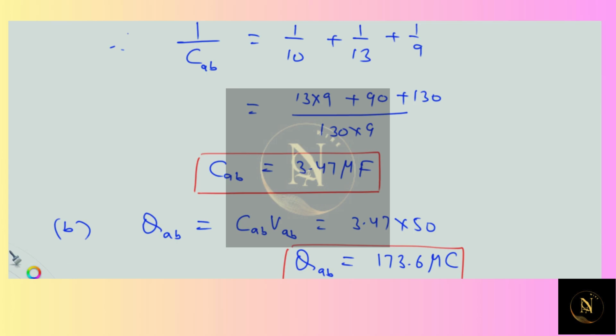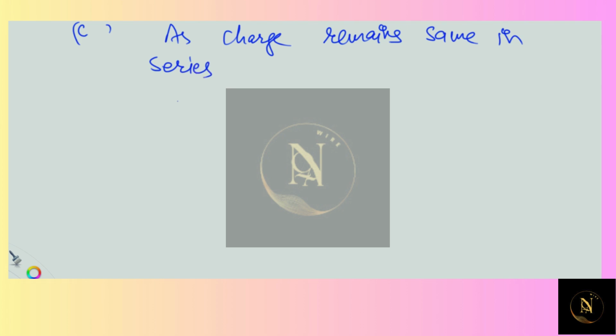Then in the third part of the problem, we have to find the charge over 10 microfarad, and we know as charge remains the same in series, so the charge over 10 microfarad capacitance, this is the charge Q over 10 microfarad, will be equal to the total charge QAB, means 173.6 microcoulomb.